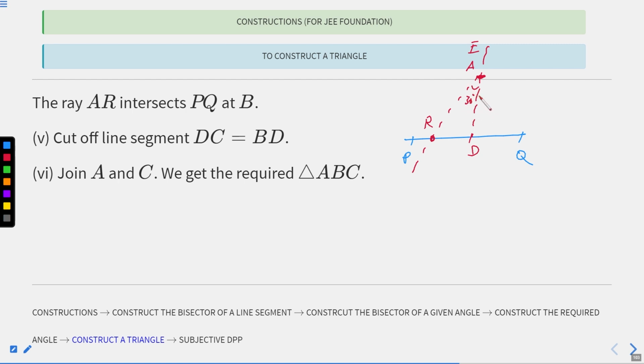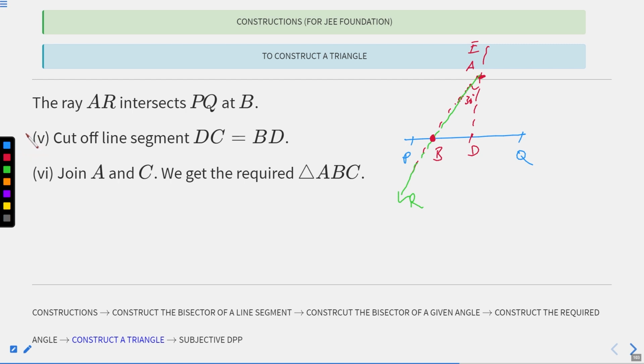Now, sorry, this point is B and not AR. AR is this line, I'm just naming this line as AR. That means AR is this line, and I am naming the intersection point as B. Just renaming my points, that's all, don't worry about anything.